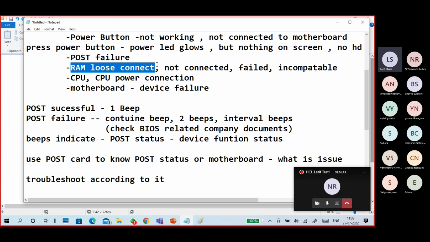So when you get this kind of post failure, remove the RAM, remove the cabinet, remove all the power connections, physically disconnect them, not only switch off, guys. In the main power supply, even if you switch off, the points have power. Maybe you may feel a shock or not, but there is power inside.